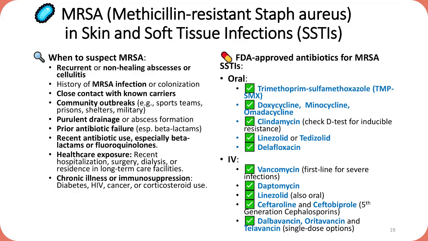Risk factors include healthcare exposure, recent antibiotic use, and chronic illnesses. Oral treatment options include TMP-SMX, doxycycline, clindamycin, and linezolid, while IV options for severe infections include vancomycin, daptomycin, and ceftaroline. Knowledge of local resistance patterns and proper use of culture data guide effective therapy selection.